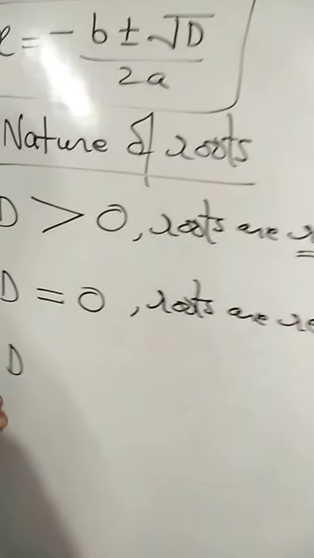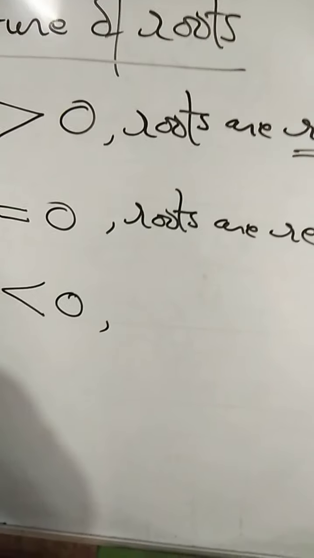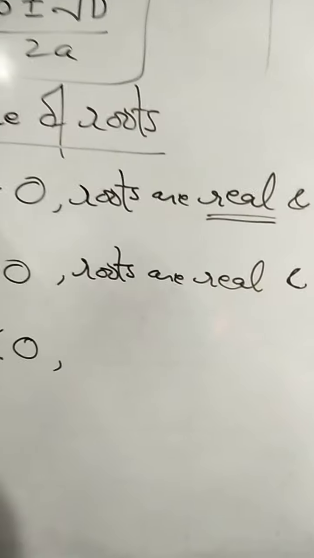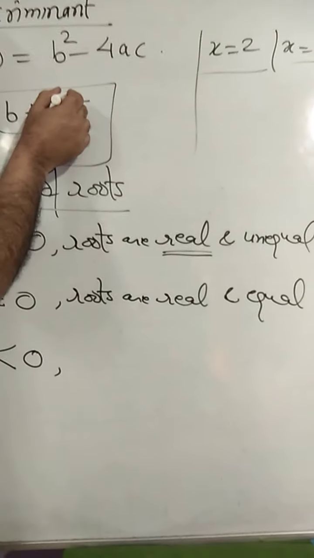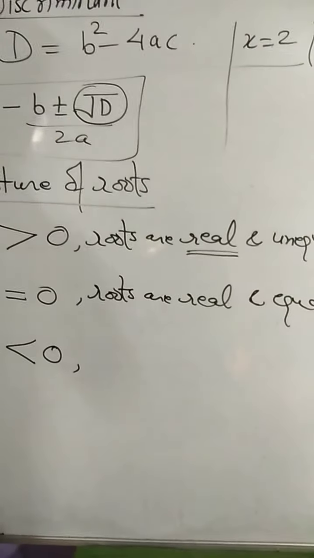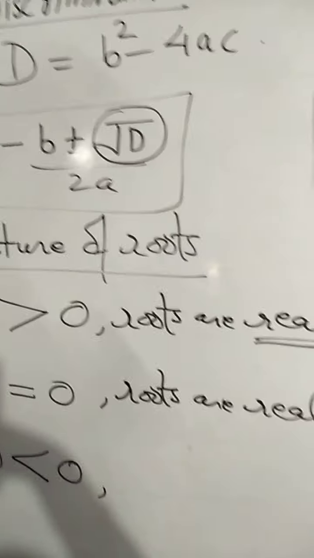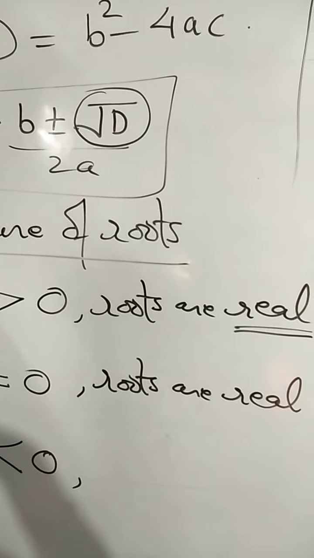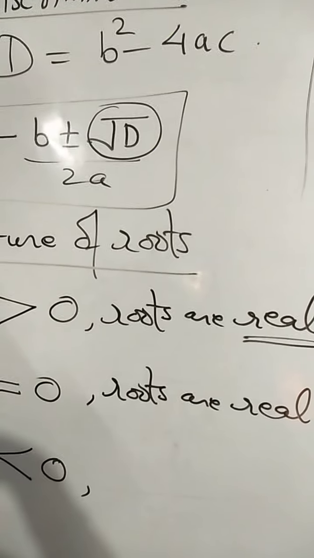And third and very important case, discriminant may come negative also. Negative term, not a problem. We don't have any problem with the negative term. But here in this formula, the discriminant is under the square root sign. क्योंकि ये square root के अंदर है, इसलिए बहुत special हो जाता है.